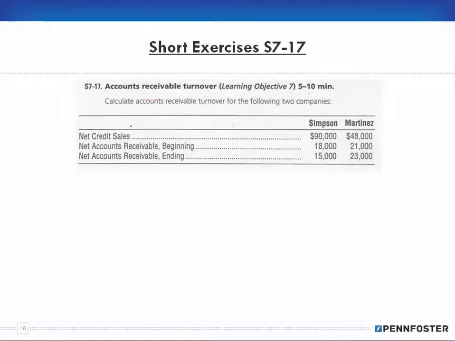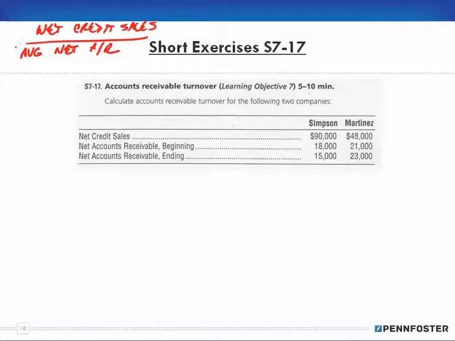And you can see that formula in the textbook, but briefly, it is the net credit sales, so let me do this up here. We have our net credit sales, and that is divided by our average net accounts receivable.